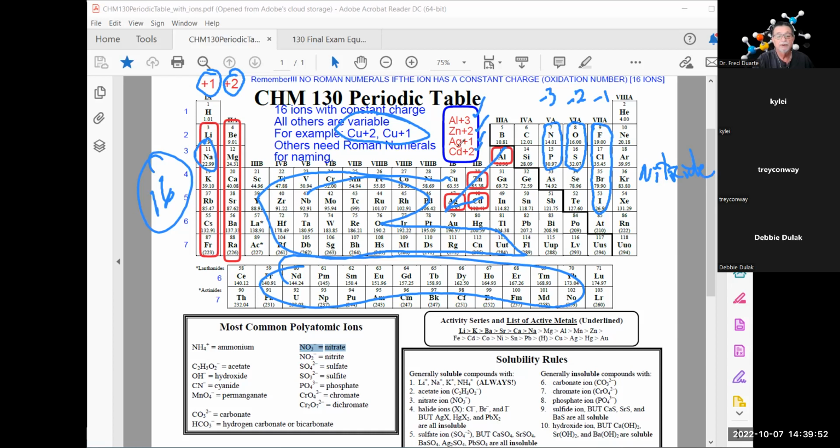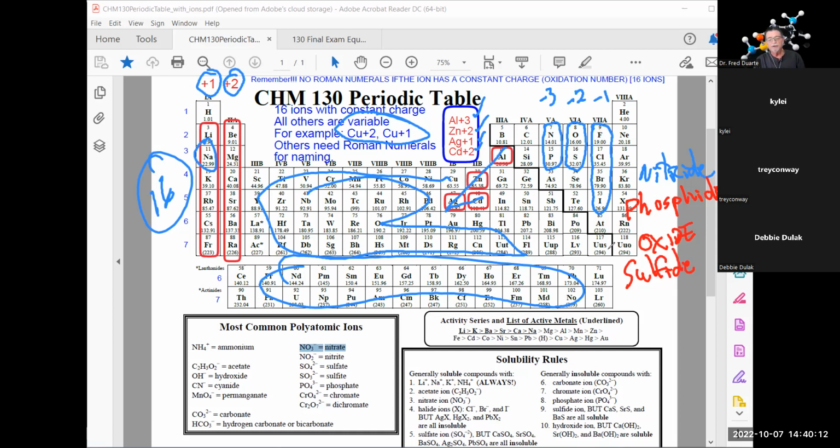See that, okay? Phosphorus becomes phosphide, okay? Oxygen becomes oxide. Sulfur becomes sulfide. And then you can do the rest of them.